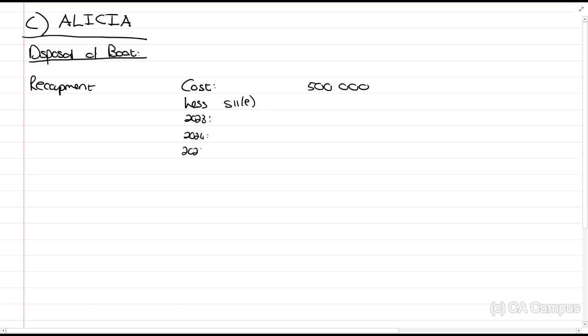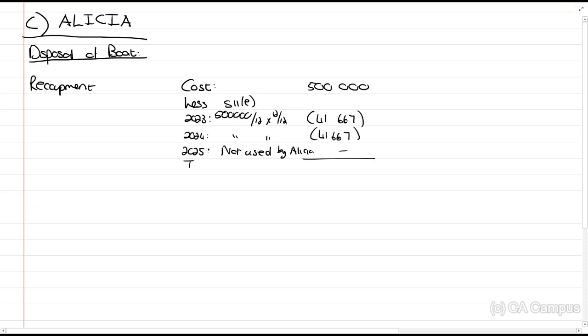And then 2025, which is this year, I'm just going to make the comment here. It was not used by Alicia. Okay, so can't claim it. So 2023, 500,000 divided by 12 times 12 over 12, and 2024 is exactly the same. 41667, 41667 gives us a tax value of 416667.